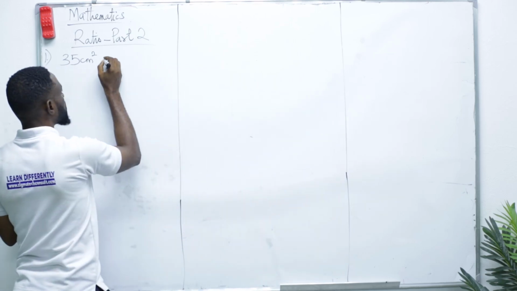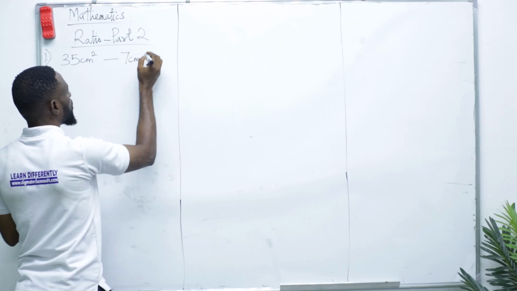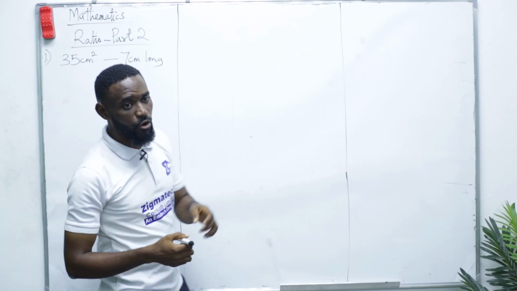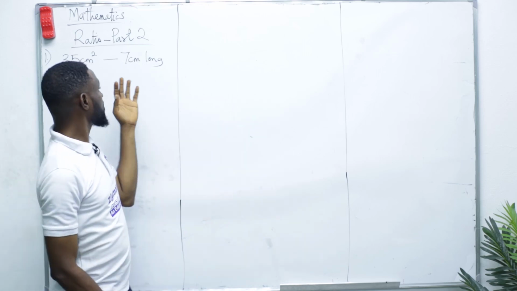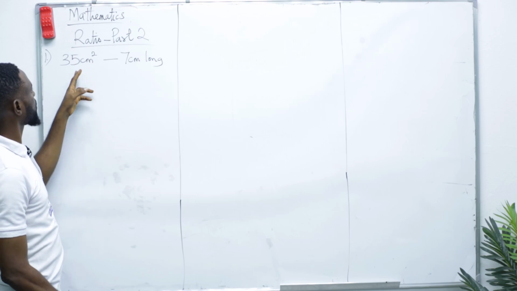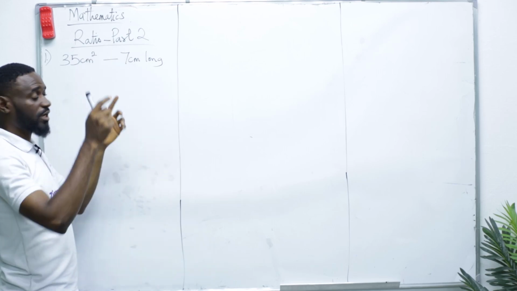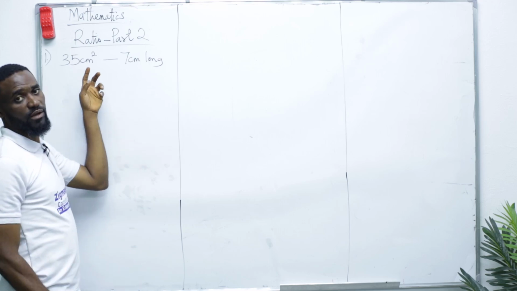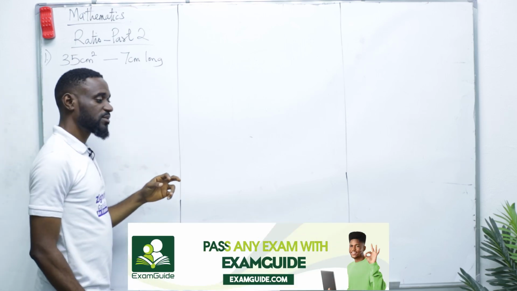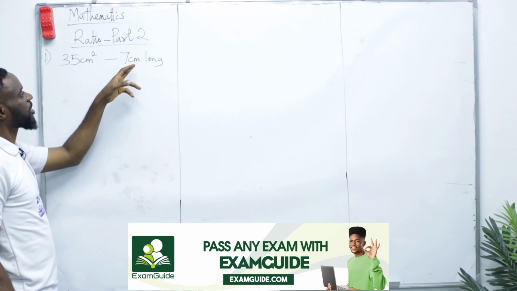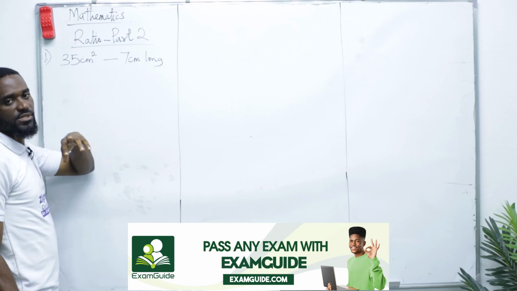So for that picture, the area of the picture is 35 cm square, and it is 7 cm long.